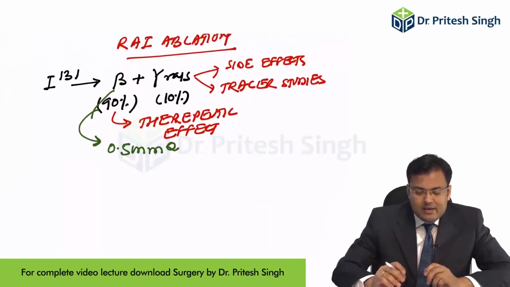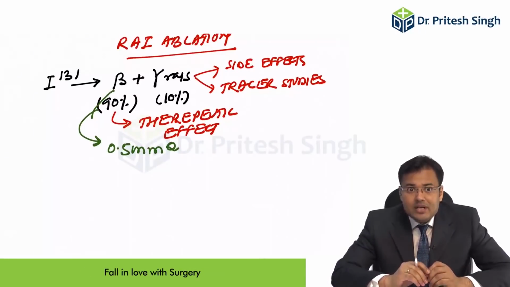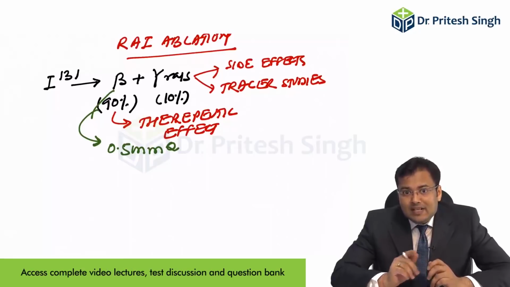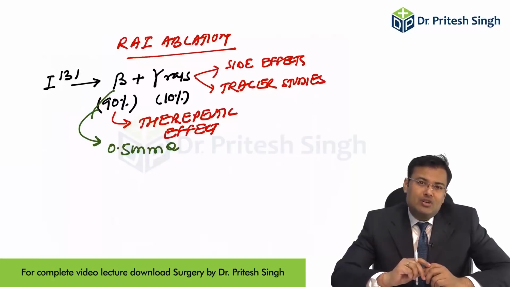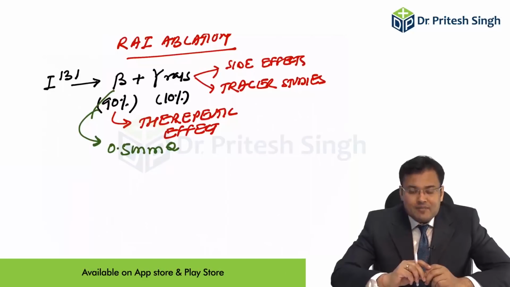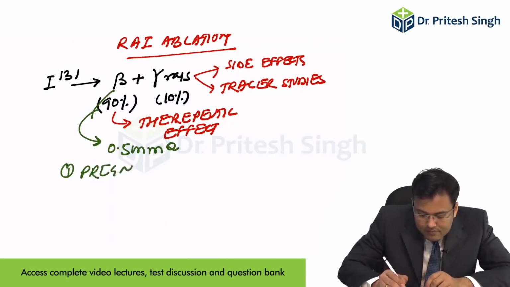Now you can see this patient who is receiving radioactive iodine, especially iodine 131, that person is emitting gamma rays. And that's why there are two absolute contraindications for radioactive iodine ablation. And that is what? One is pregnancy, and second is lactation.